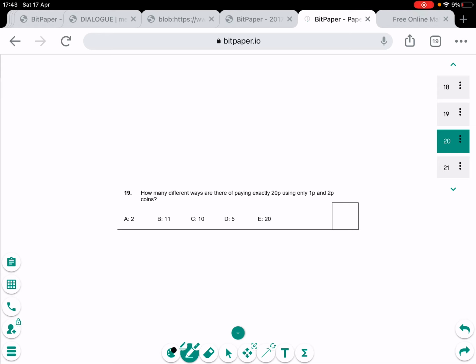So you could obviously try this out. So you do 1 1 1 1 1 1 1 1 1. No, sorry. So there are a couple of options. What you could do is use all ones. So all ones, one option.